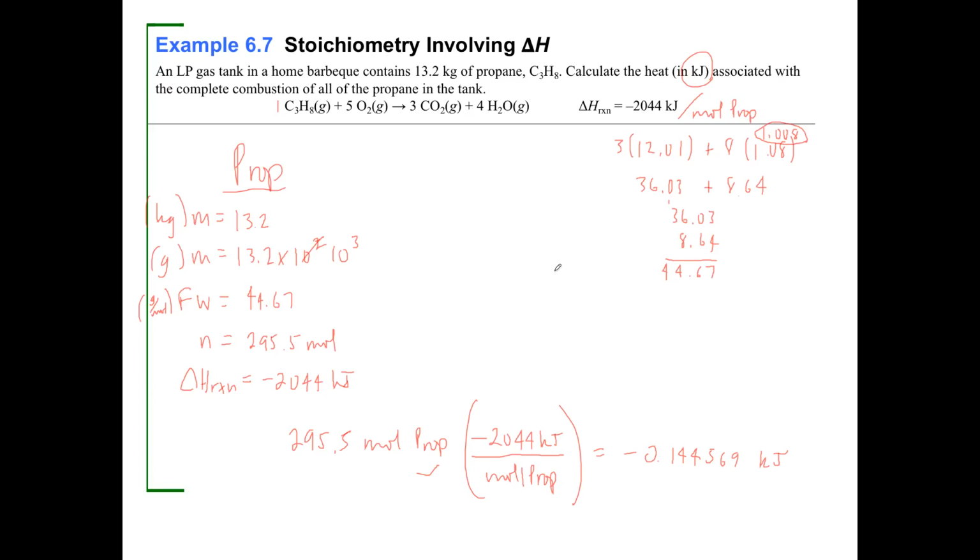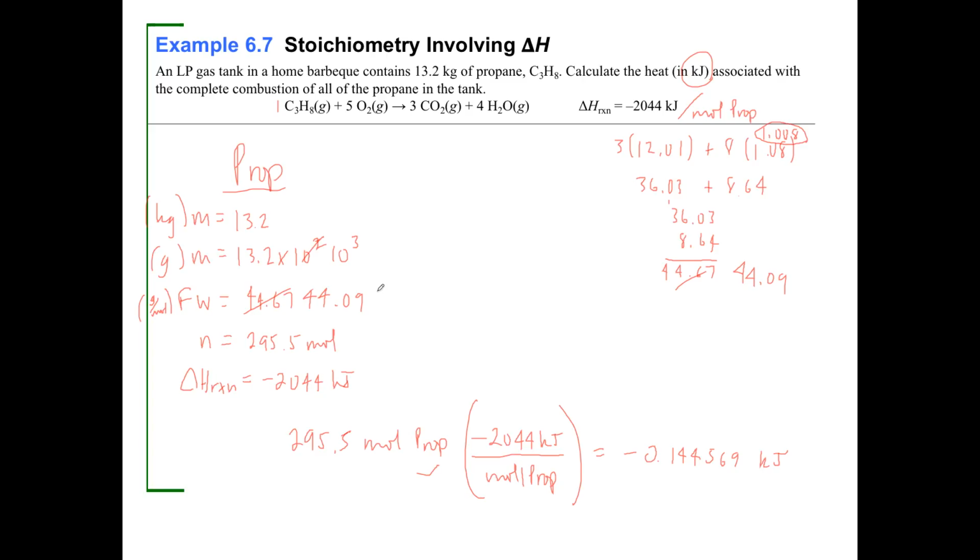All right. I'm going to calculate that formula again. 3 times 12.01 plus 8 times 1.008 is 44.09. Okay. 44.09.